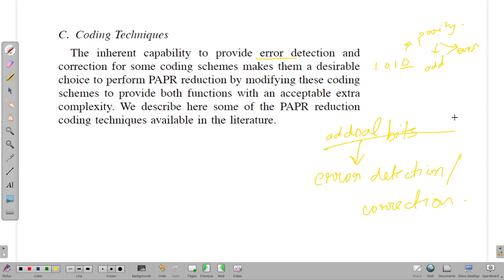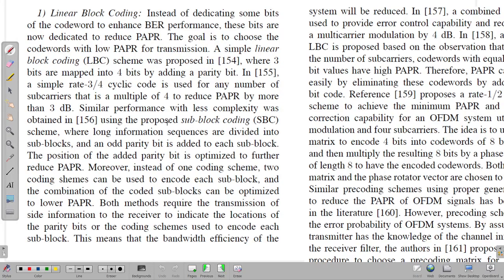You want to reduce the bit error rate, so you need to reduce the number of errors. So you are adding redundant bits, additional bits which don't carry information, but they help in detecting and correcting errors. One of the very basic coding techniques that you know is linear block coding.